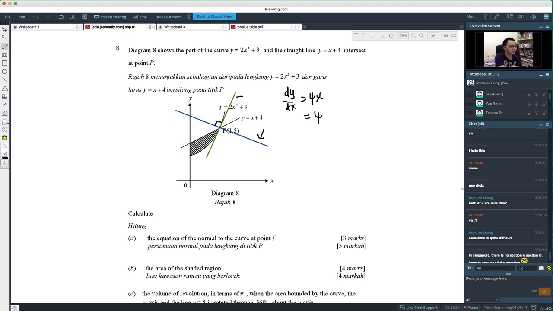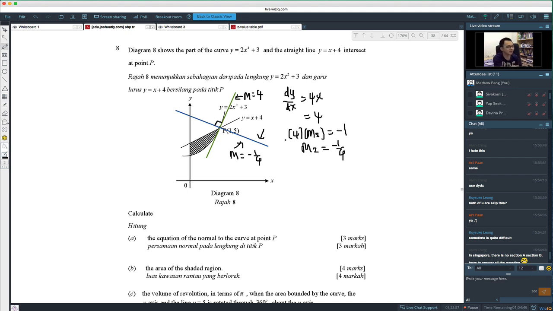My normal line will be m1, which is 4, multiplied by m2, the normal gradient, which should equal -1 because they are perpendicular to each other. So m2 equals -1/4. So I know the gradient for the blue line is -1/4 because they are 90 degrees to each other. You just use m1 times m2 equals -1, and you should be able to get the gradient easily.